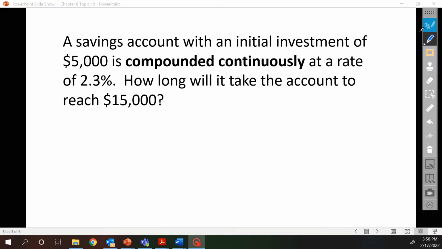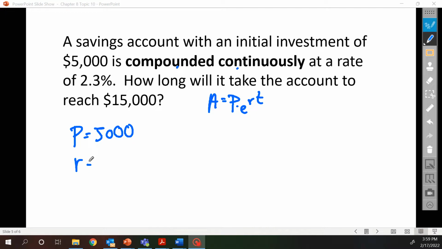The third problem says a savings account with an initial investment of $5,000 is compounded continuously. So that means we're going to use this formula, continuous growth, at a rate of 2.3%. How long will it take the account to reach $15,000? So we have our starting amount, P, 5,000.